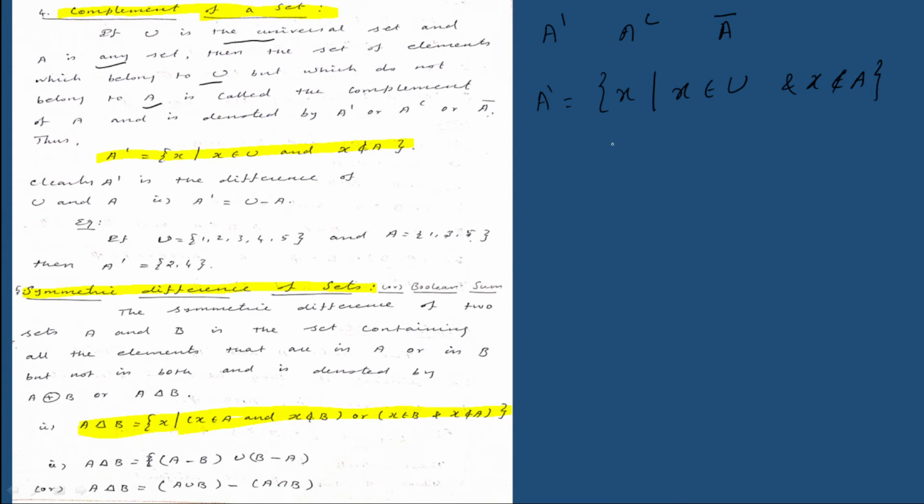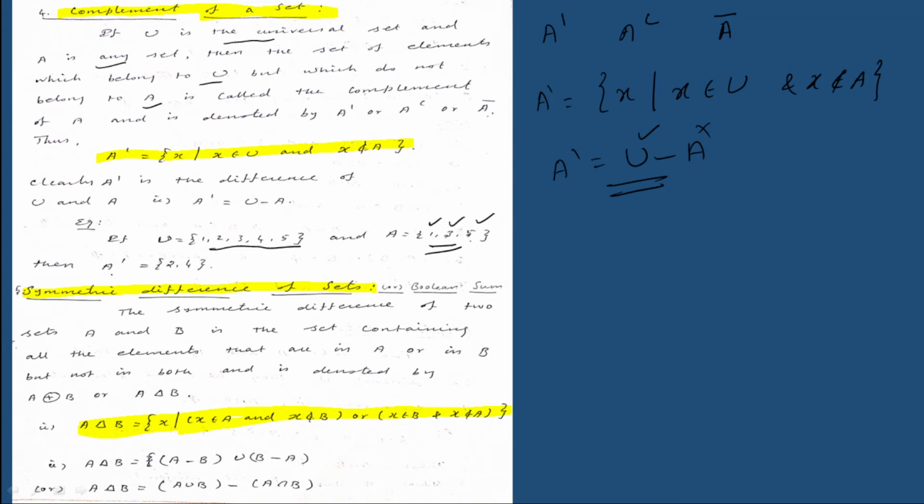Or in other words, using the difference of sets, you can write A complement as U minus A, isn't it? That is the set of all elements which belong to U but do not belong to A. So either you can write A dash in set builder form like this, or you may make use of the difference of sets and define A dash as U minus A. Now, for example, let me take the universal set U as 1, 2, 3, 4, 5, and the set A consisting of only the odd numbers 1, 3, 5.